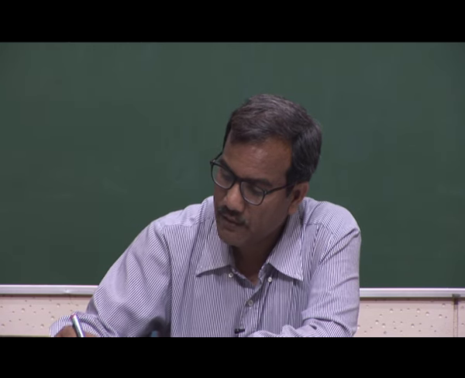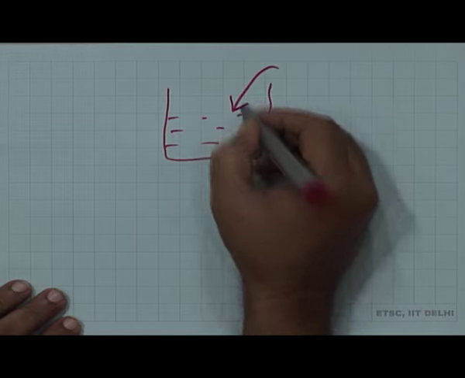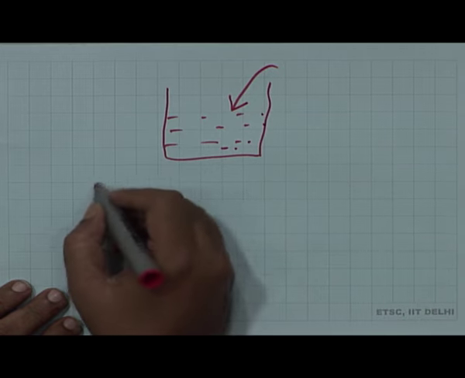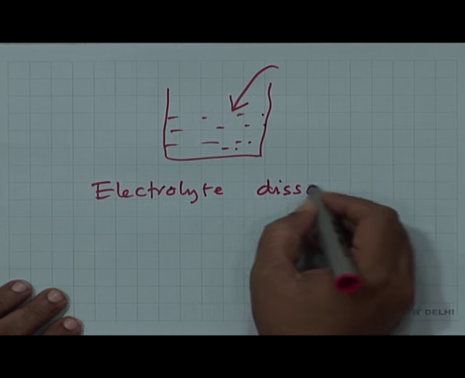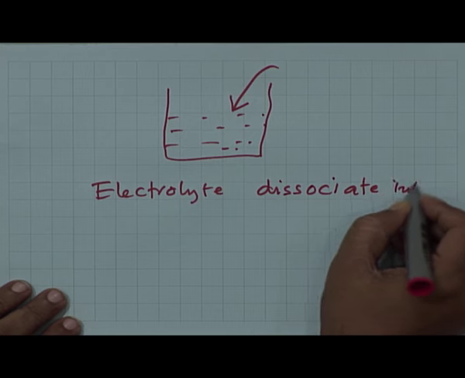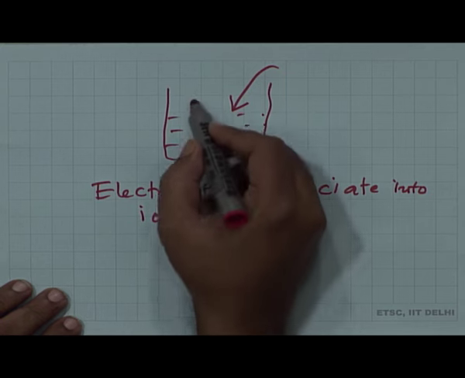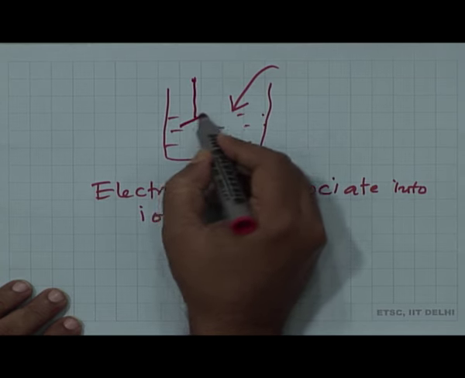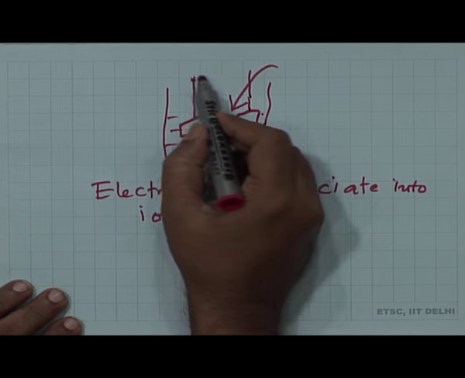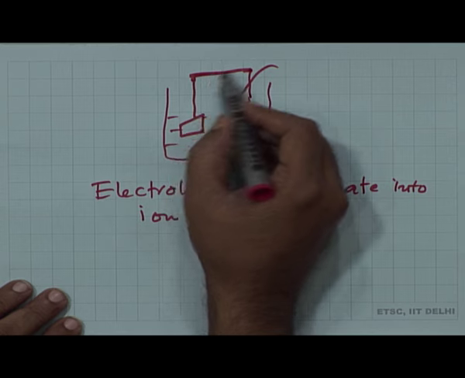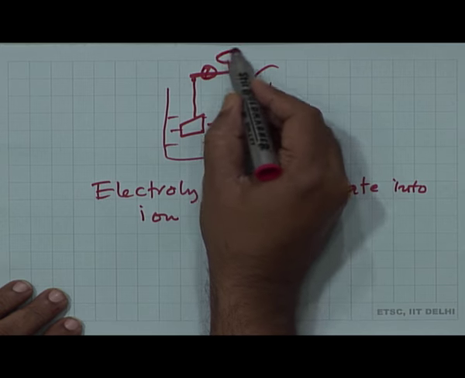So, if I take water and add any electrolyte, it will dissociate into ions, and if we put in electrodes, cathode and anode, and then complete the circuit, then you have light.